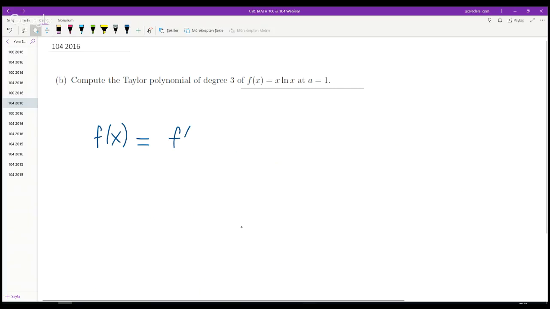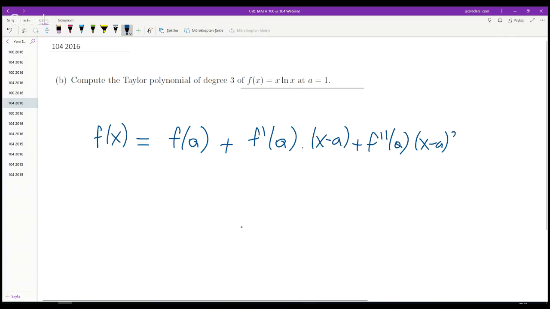The thing is, f(x) can be written as f(a) plus the first derivative of f at a times (x minus a) plus the second derivative of f at a times (x minus a) squared over 2 factorial, and the third derivative of f at a times (x minus a) cubed over 3 factorial, and it goes on like this.